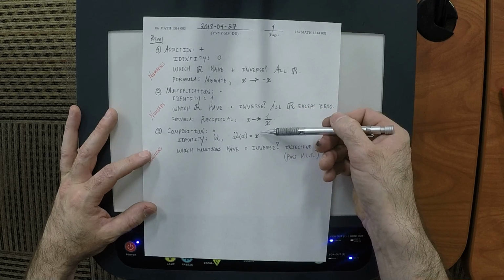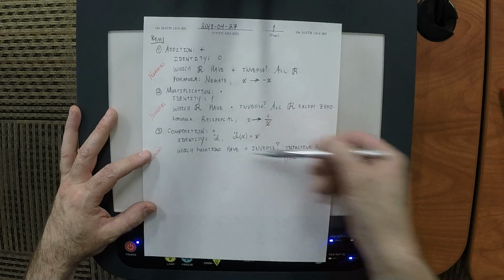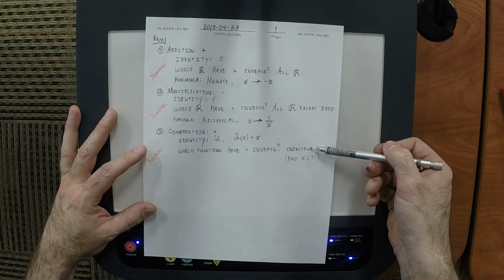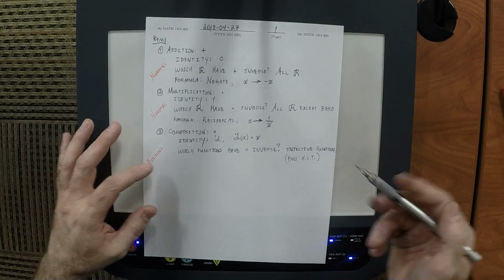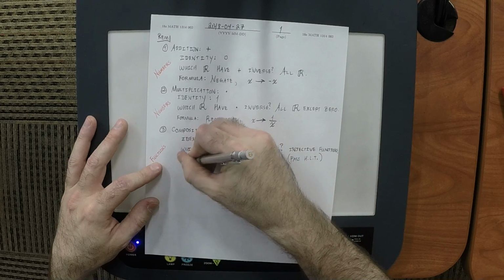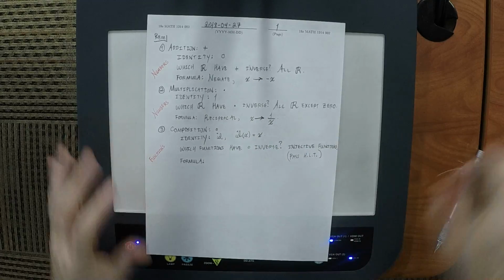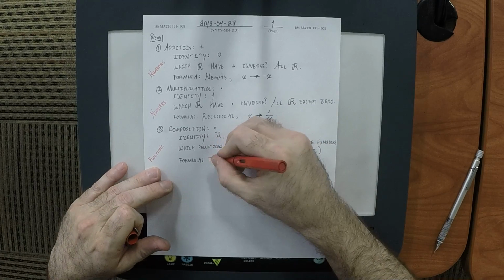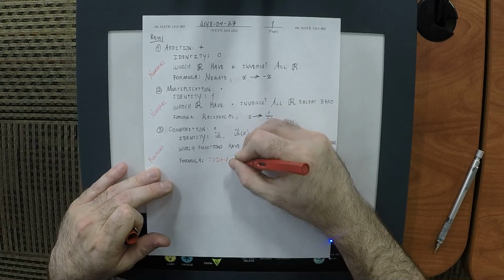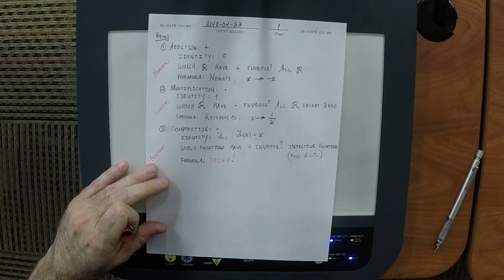This function that we're calling identity is the identity. Which functions have a compositional inverse? The injective ones do. And here we are. Formula. This is what we're doing today. So does everybody see where we are?